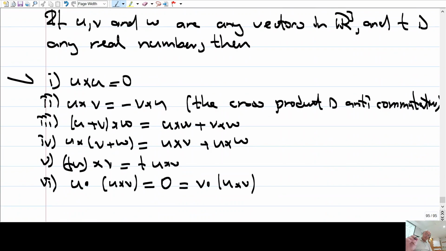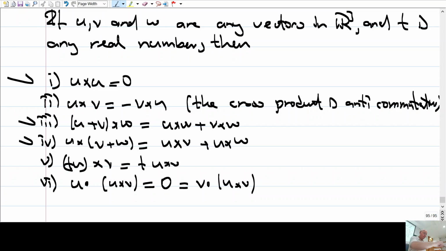And this is trivial because the angle between u and u is 0. What about this one? If you interchange these two, then the right-handed triad rule tells us that they should be negative of each other because you replace two vectors. So if your hand is in this direction for one of them, for the other one it should be this direction. So it should be just negative.